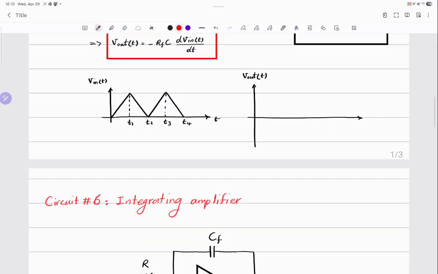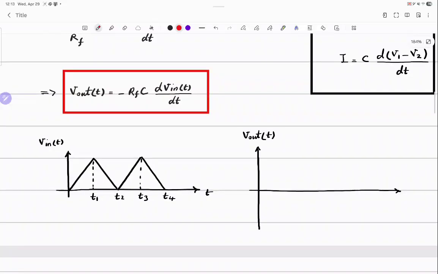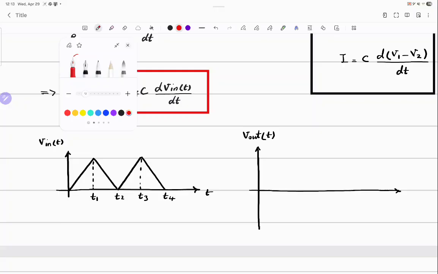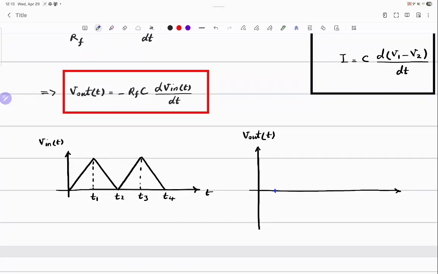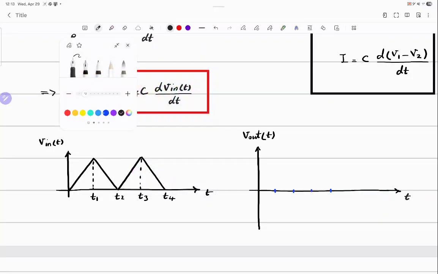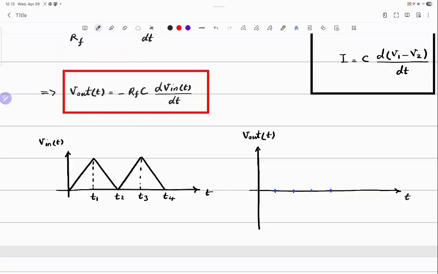For example, if you look at the input, a triangular wave, let's use T1, T2, T3, and T4. Let's see what the output looks like. Okay, what is the derivative between 0 and T1? It's a positive number, right? And constant. Do you agree that it is constant? Because it's a line.